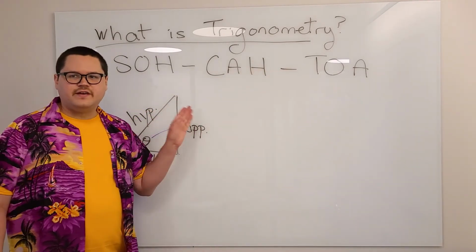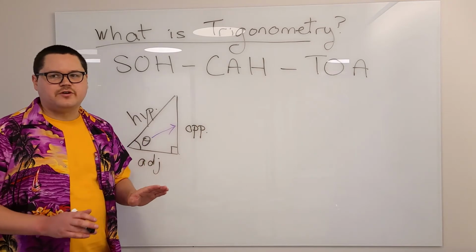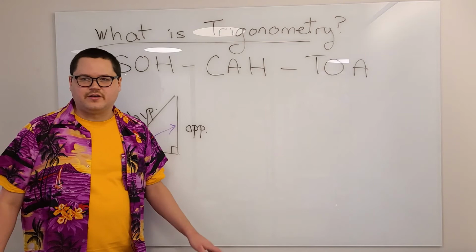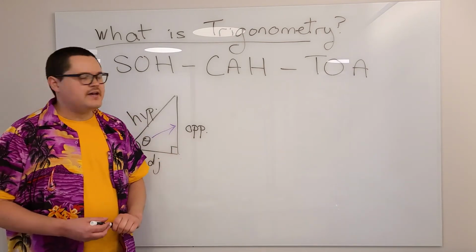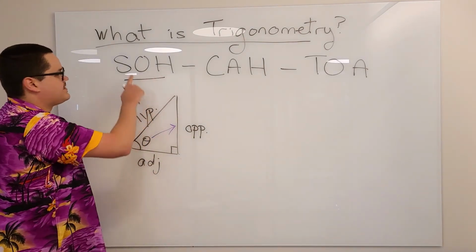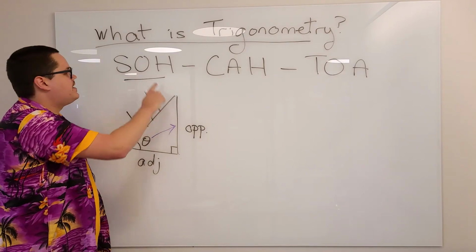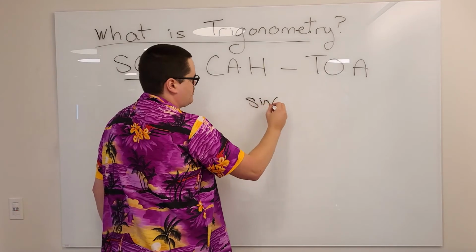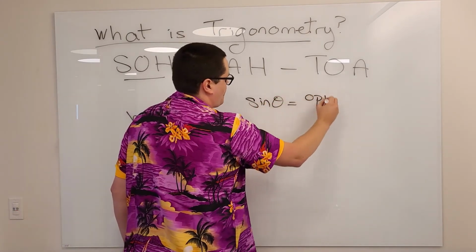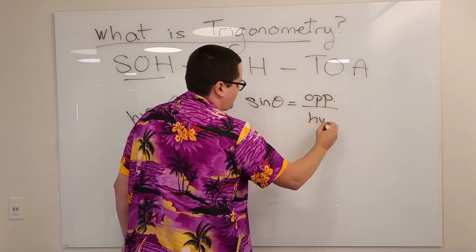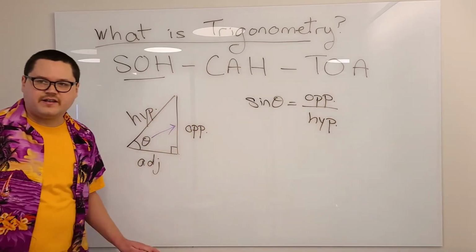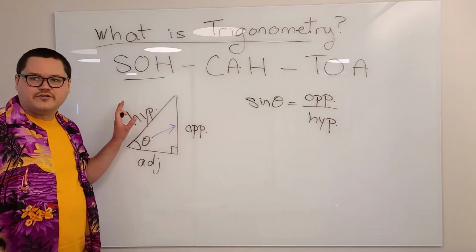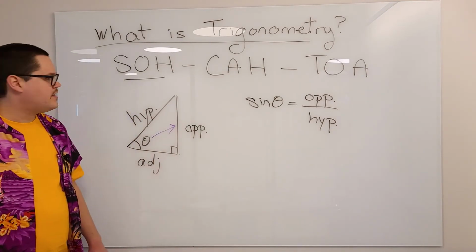Well, this mnemonic device allows you to remember those three trigonometric ratios we described earlier in terms of these sides. So it says sine of theta is opposite over hypotenuse. So sine of theta is the side opposite angle theta over the hypotenuse, the longest side of the triangle.